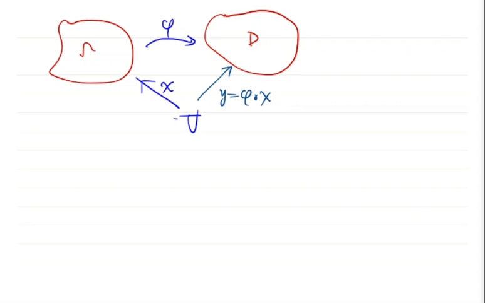Our requirement for this change of variable map is that we don't require it to be one-to-one. We have not required it to be one-to-one. We also have not required it to be a so-called diffeomorphism.